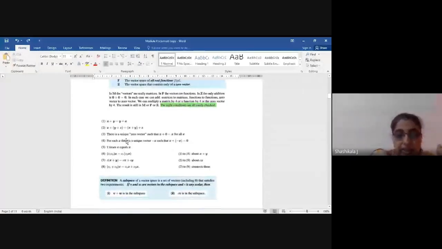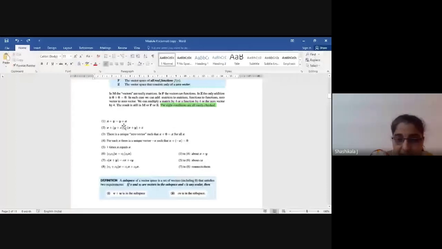If it is a vector space, then the following 8 conditions should be checked. I have explained them in detail in the class. Just go through these 8 conditions. That is the commutative law, distributive law, and the zero vector.